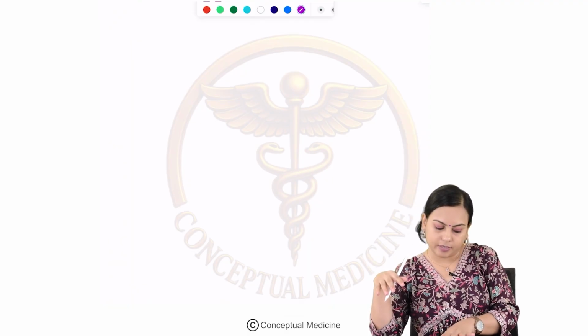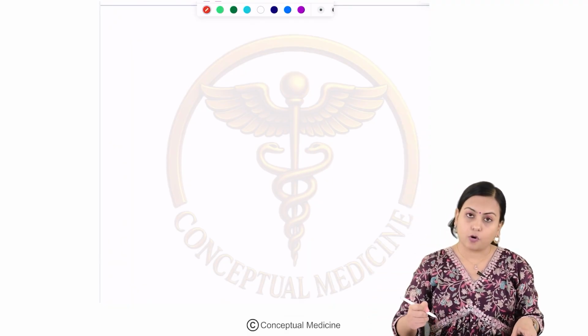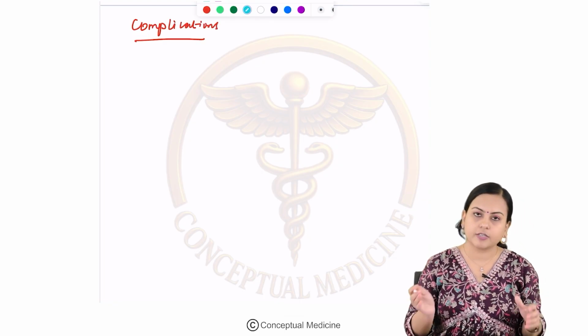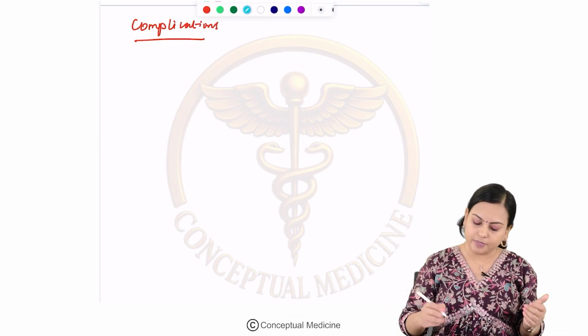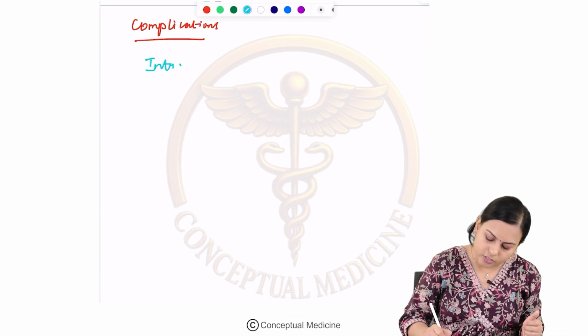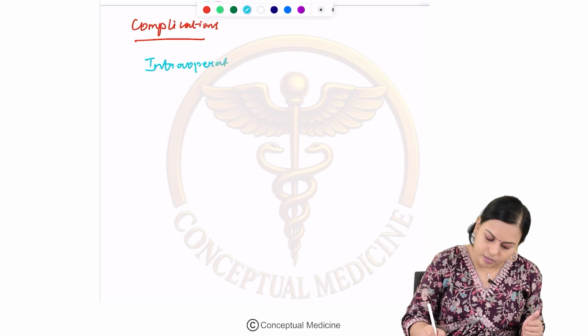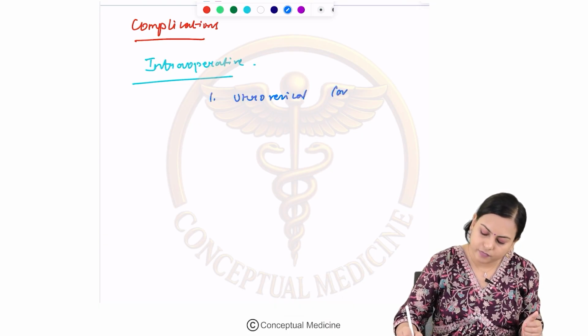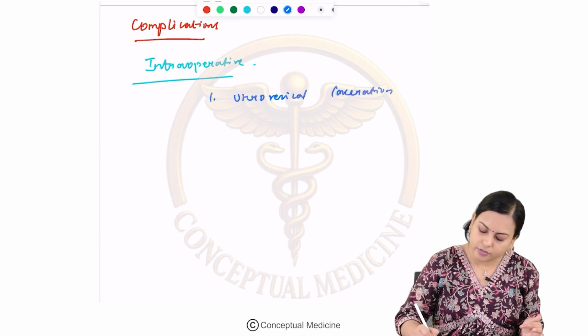Then we will see now what are the complications of cesarean section. Complications of cesarean section can include complications intraoperatively as well as postoperatively. So, we will see the intraoperative complications first. There can be uterovesical laceration or uterine atony.